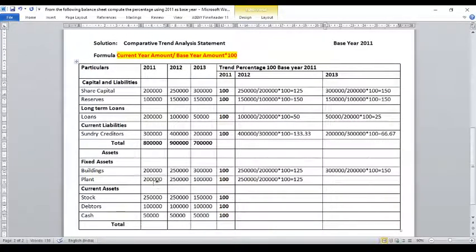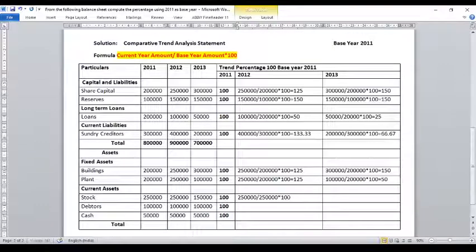Next, for 2013 in plant, it is 1 lakh divided by 2 lakh into 100. You get a percentage of 50. So your plant is reduced to 50%. Next one is your stock. For stock, the current year is 2,50,000 divided by 2,50,000 into 100.